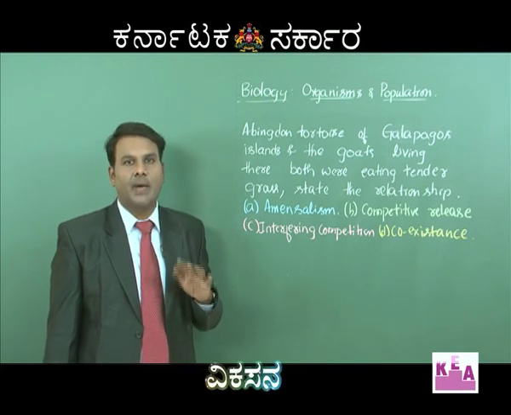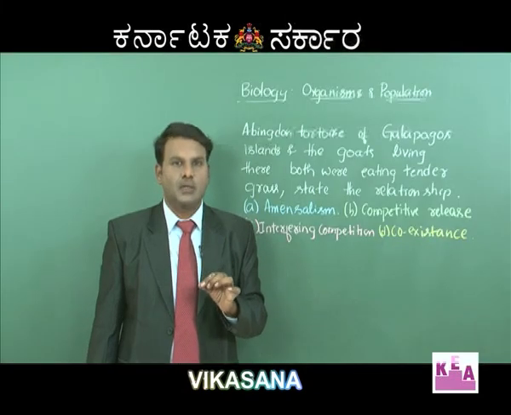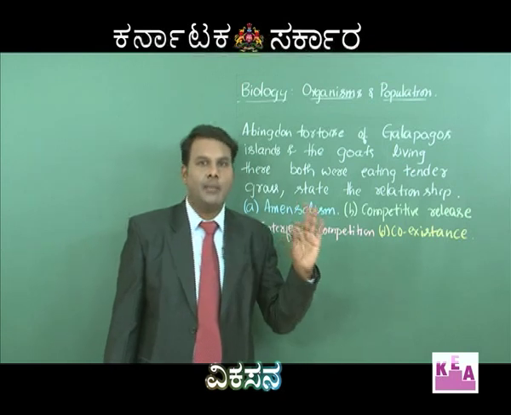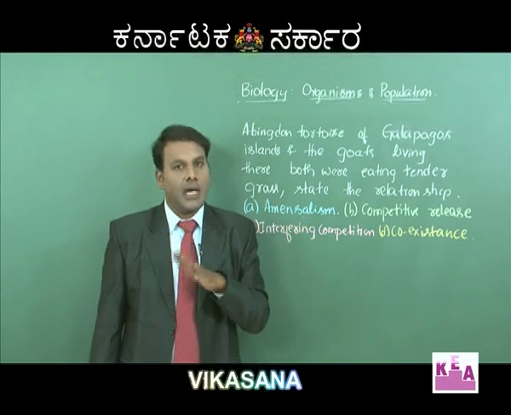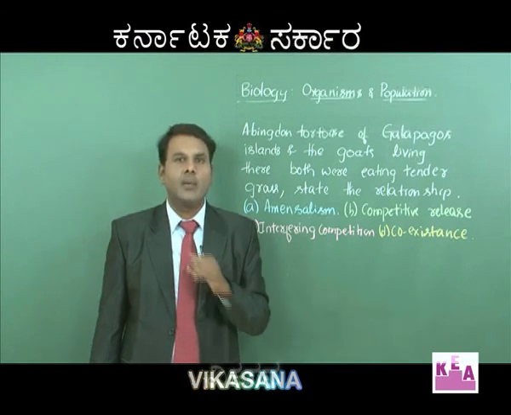In a competitive release, for example, if two species are competing for the same resource in a habitat, one species will have an upper hand, called the superior competitor. The other species will have a lower hand, called the inferior competitor.